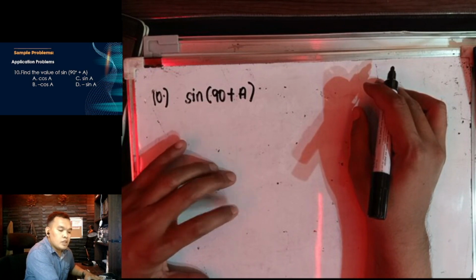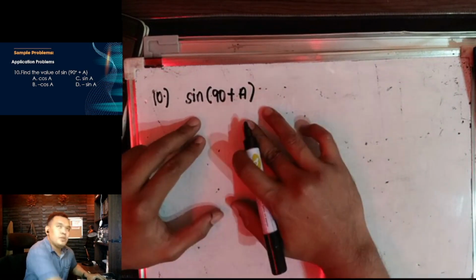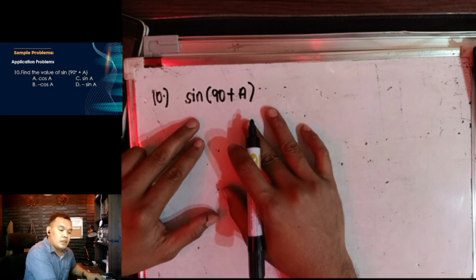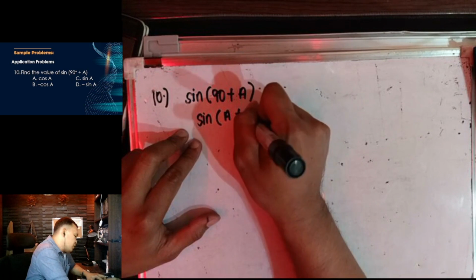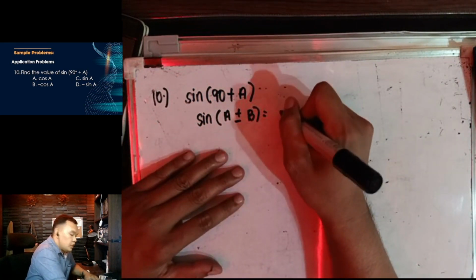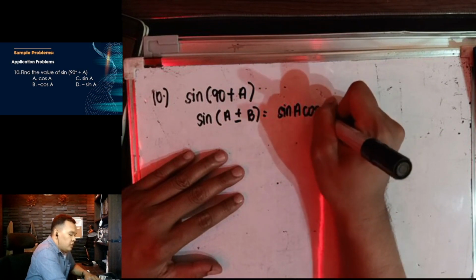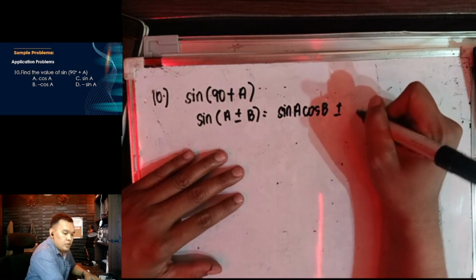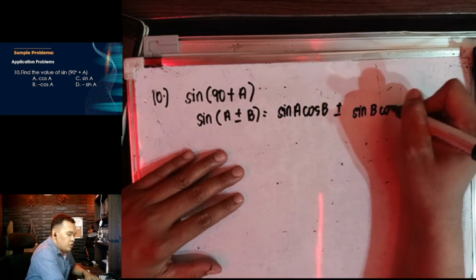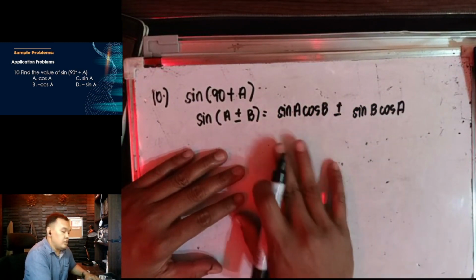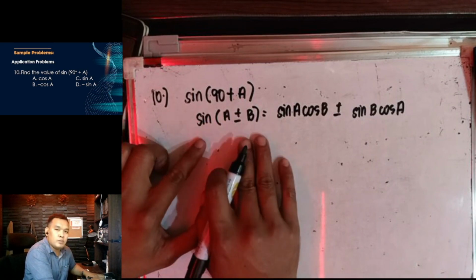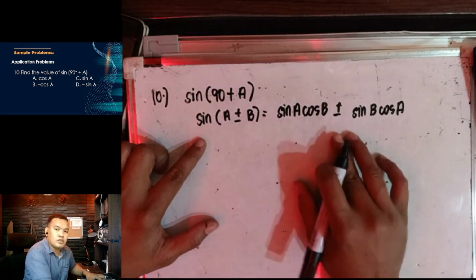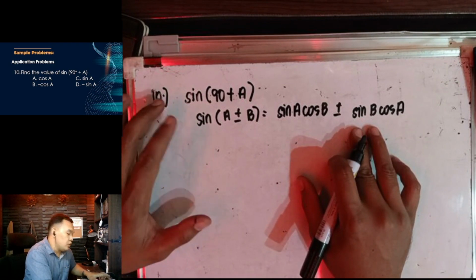So we have here, as trigonometric identities, sine 90 plus A is equivalent to, di ba meron tayong identities na sine of A plus or minus B is equivalent to sine A cosine B plus or minus sine B cosine A. So ito, distribute na lang natin yung value dito.